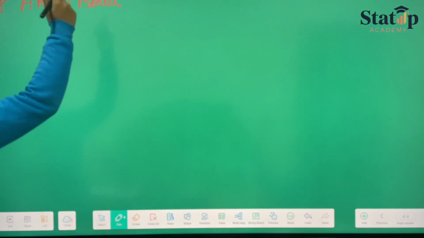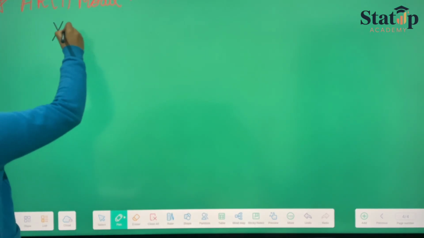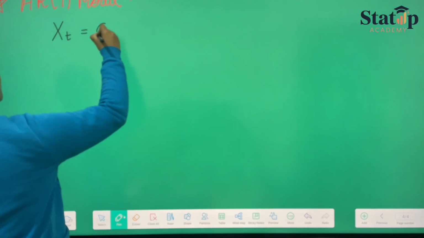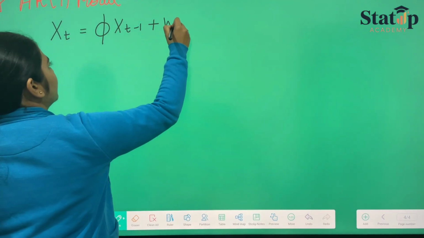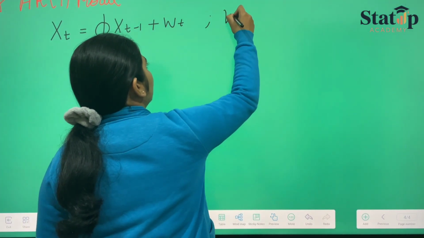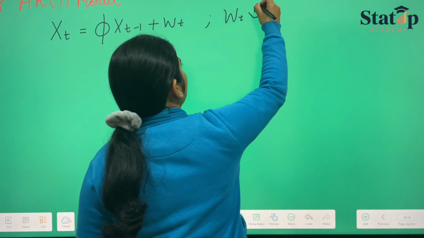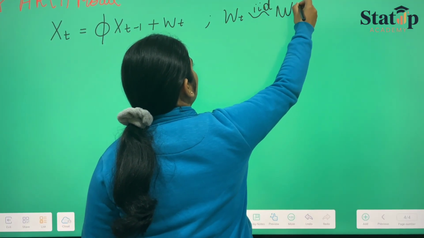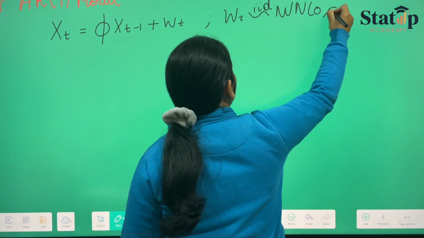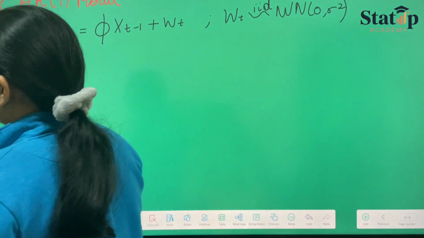Okay, we know that the AR1 model can be given as x_t equals phi x_(t-1) plus w_t, where all w_t's are white noise and belong to mean 0 and variance sigma square.